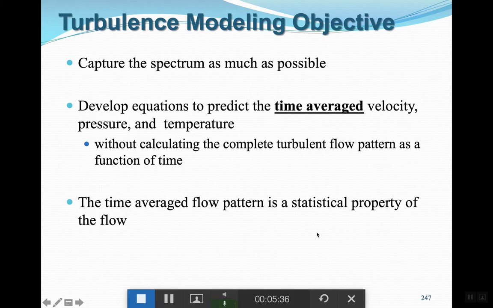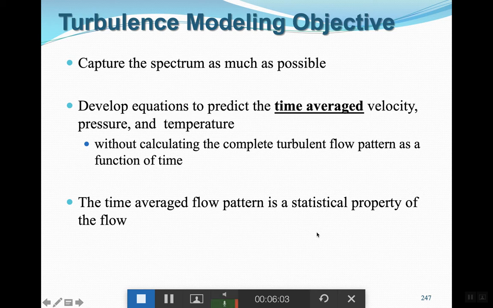Now, our objectives to solve and simulate a turbulent flow are as follows. We will try to capture the spectrum as much as possible, because remember, we told you you're dealing with a wide range of length scale, from micron size eddies to very large eddies.